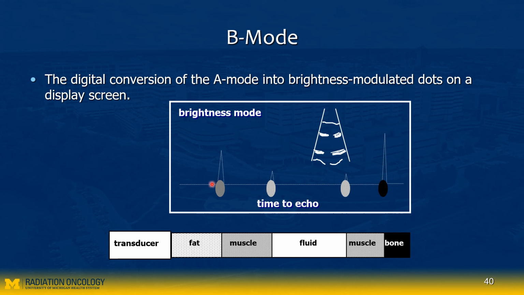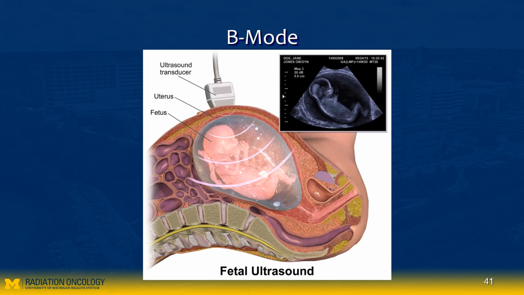So in B mode, you see the grayscale image. If you have a baby, you send a sound signal, and it reconstructs the echo. Then you see this very nice two-dimensional black and white image of what's inside the patient's body.